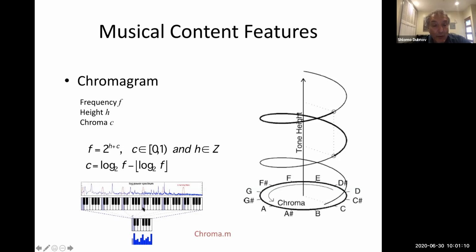So the chromagram tries to capture this idea of invariance, that the same pitch or the same note played an octave above will have a height perception which is going to change. So you hear that the same note is higher, but the note itself is the same. So you can have a C here, you can have a C here.